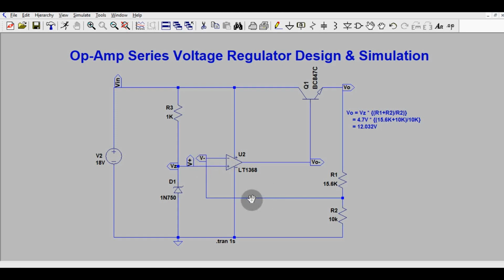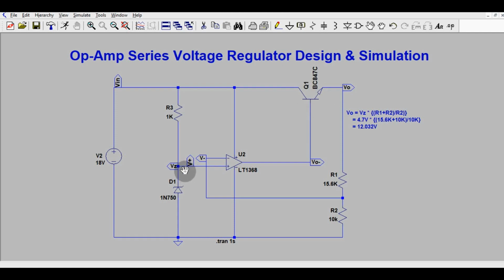The operational amplifier works as an error amplifier. That means it amplifies the error between V plus and V minus, and accordingly it regulates the output voltage using this transistor. We have already seen how this transistor drops the voltage across it and regulates the output voltage. So in this video we will run the simulation and see the waveform.